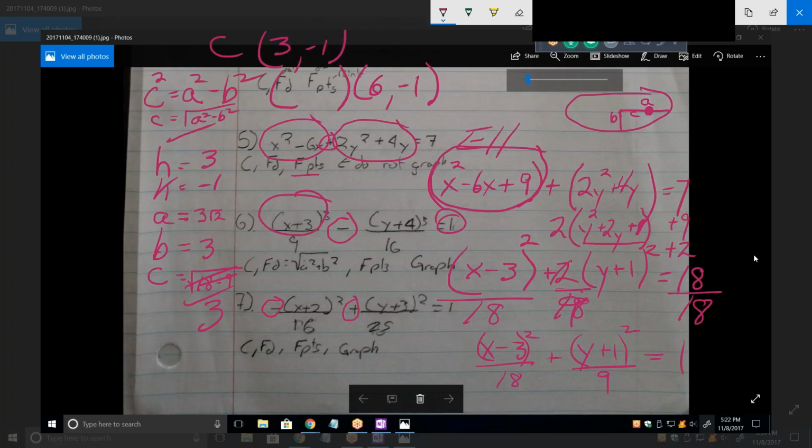Remember, only the x-coordinate changes. When you're on that major horizontal axis, the y-coordinates are always the same. So it's definitely a -1. The only coordinate that's changing is the 3. What's the coordinate of the left focal point? 0, -1. So those are your focal points right there.